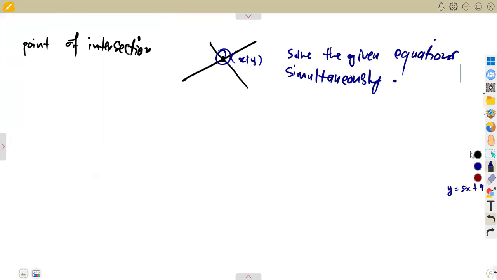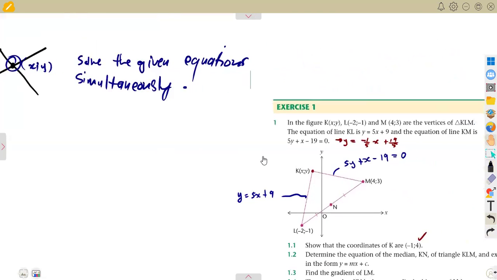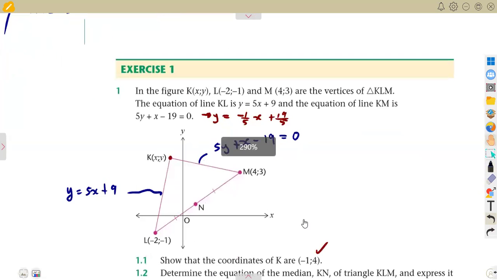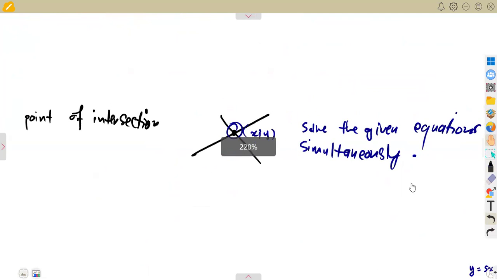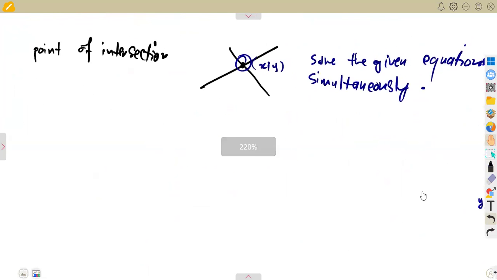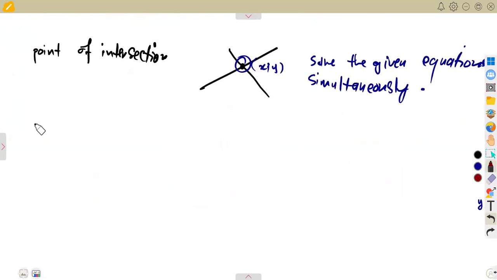Remember, in simultaneous equations, you're given two equations, then asked to solve simultaneously, determining x and y at the same time. So in question number 1, we are asked to show that K is (-1, 4).